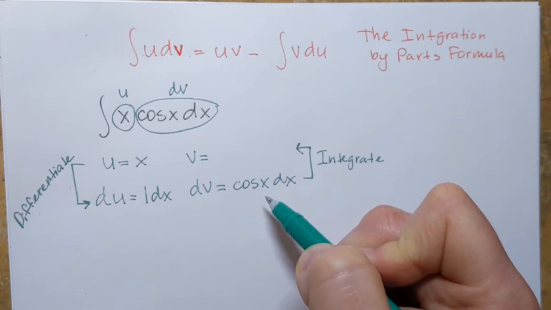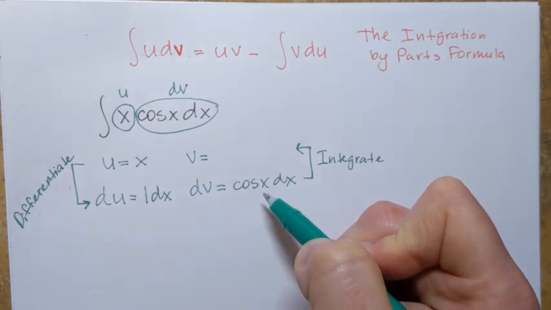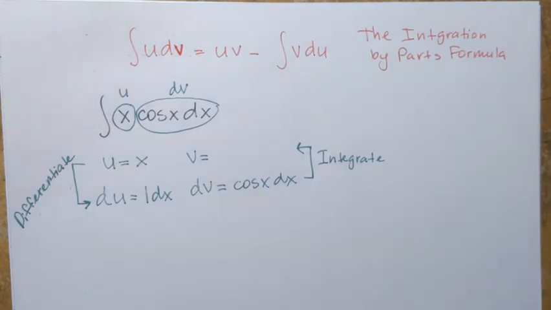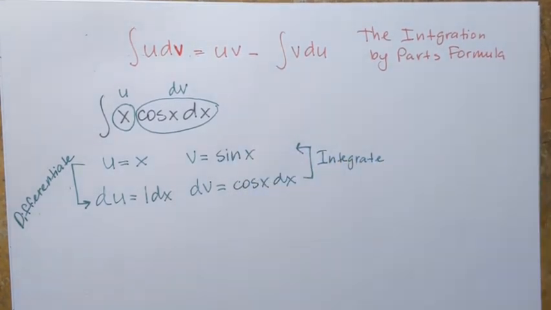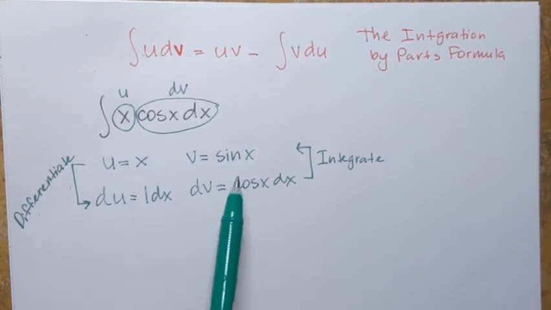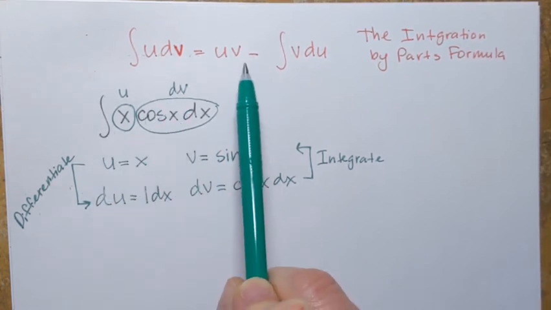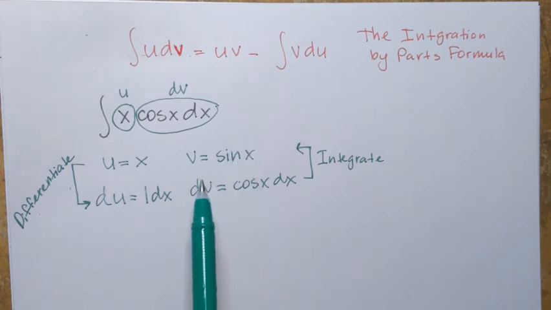What is the antiderivative or integral of cosine of x? That's going to be sine x. Okay, so once you have obtained all the pieces, we can go ahead and continue with the formula.